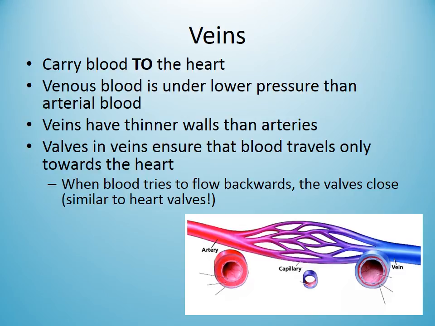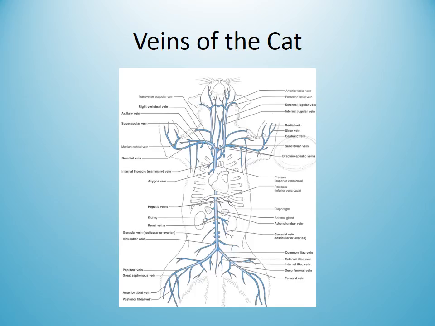It's similar to the valves in the heart that open and close, allowing circulation to go only one way. This is a picture showing you all the veins within the cat. Wherever an artery goes, a vein is not going to be too far behind to pick up its deoxygenated blood.